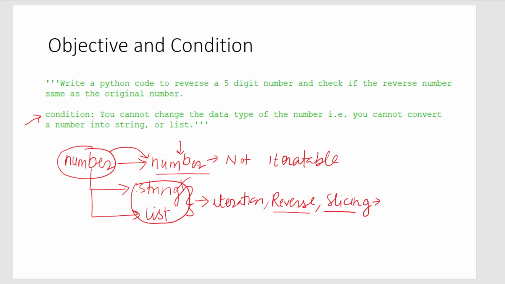At the same time, after reversing, we want to make sure whether the number is the same as the original number. If it is, we will print that the number is the same as the original number, and if it is not, we will print that this number is not equal to the reverse of that number. Let us see the steps involved in performing this program.